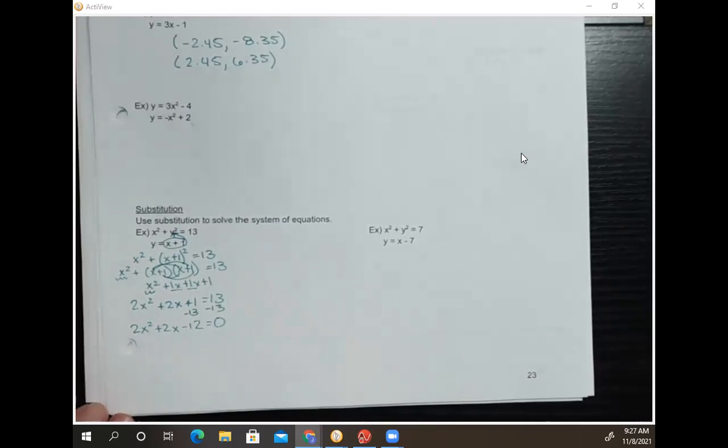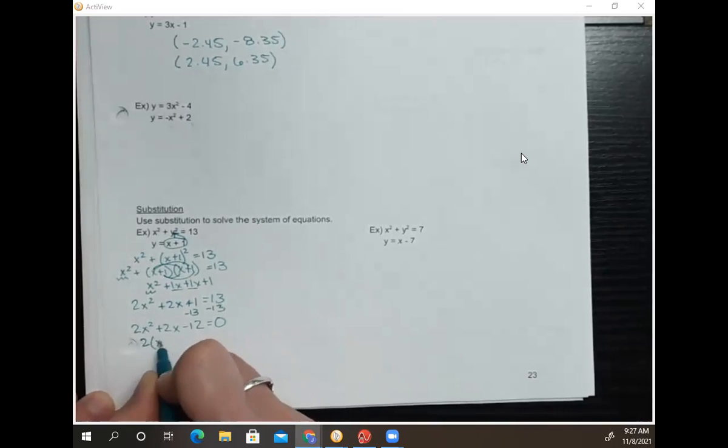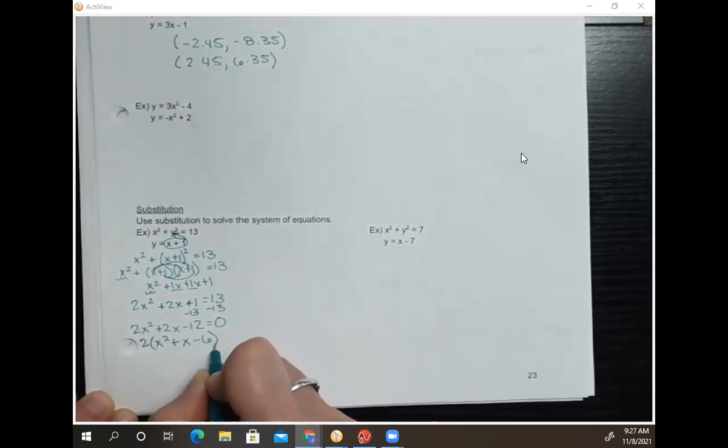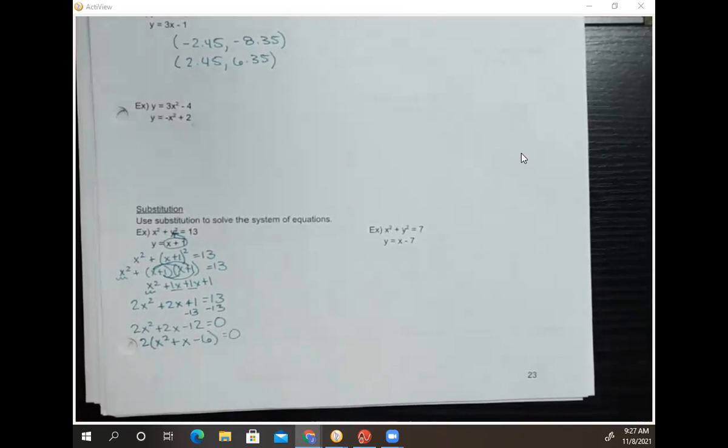And then I'm going to pull out a GCF here. I can divide each of these evenly by 2, so I'm going to go ahead and do that. From here, if you wanted to complete the square, you could divide the 2 to the other side and complete the square. I wouldn't choose to do that here because your b value is 1.